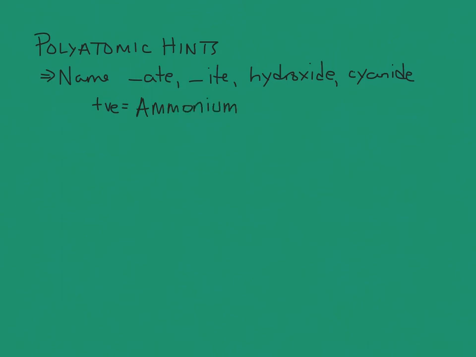You won't find ammonium in the periodic table. You'll have to find it in the polyatomic ion chart. So if it ends in ate, hydroxide, cyanide, or starts with ammonium, it's a polyatomic. So find it in the table. That's not the periodic table, but the polyatomic ion table, okay? And when you have to come up with the name, if it's the polyatomic, use the name. Don't change it at all.